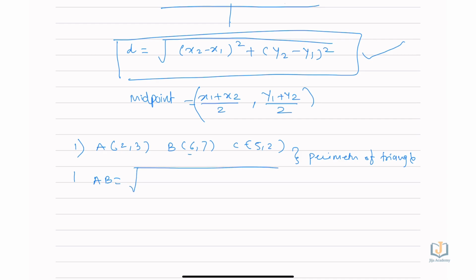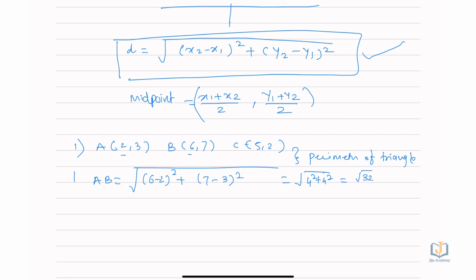this is (6 minus 2) square plus (7 minus 3) square is equal to 4 square plus 4 square is equal to 32.